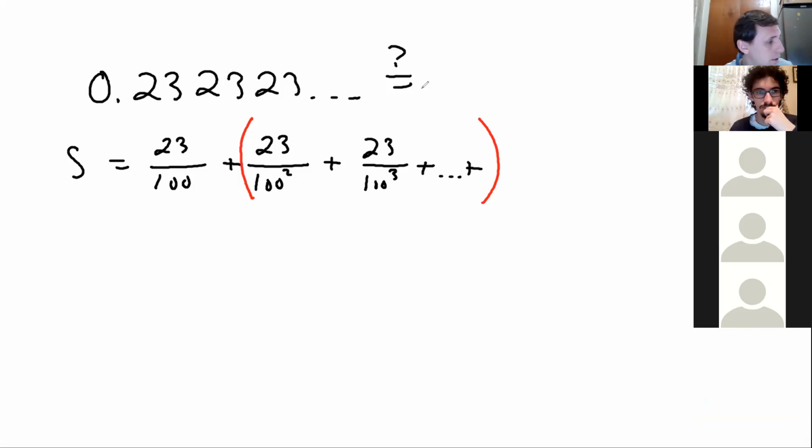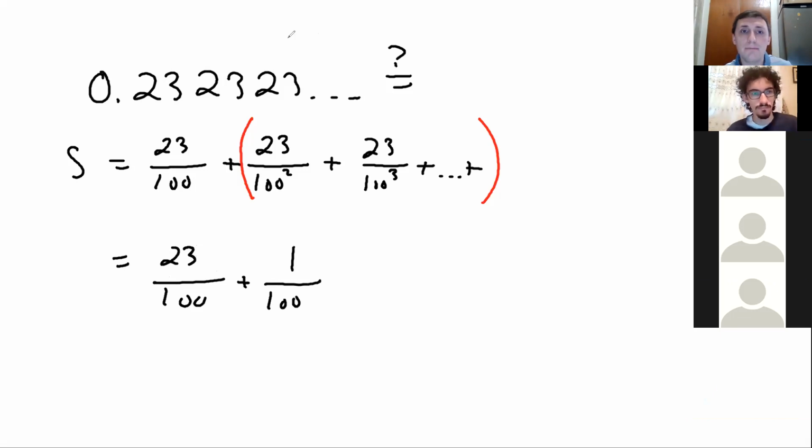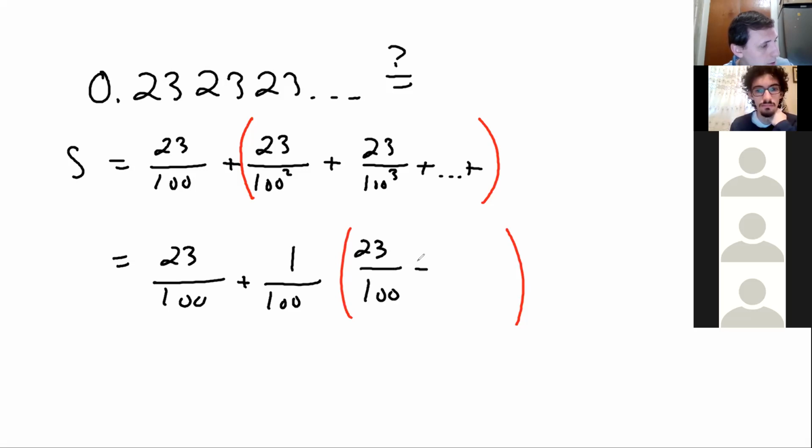So that is 23 over 100 plus 1 over 100. And then what I have in parentheses, look at it, guys. What's in parentheses is the original sum. So it's 23 over 100 plus 23 over 100 squared and so on forever. So the point is that this expression is just my original sum, and you can check in your calculator.